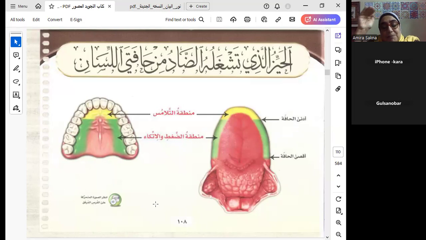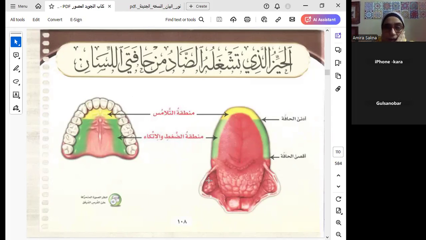So it is the maximum of heavy letters, or أقصى التفخيم. In Arabic we call it مفخم مطبق, which means the sound is draped between the tongue and the roof of the mouth. Regarding being voiceless or voiced, it is voiced, there is no air running with the sound. حرف مجهور.